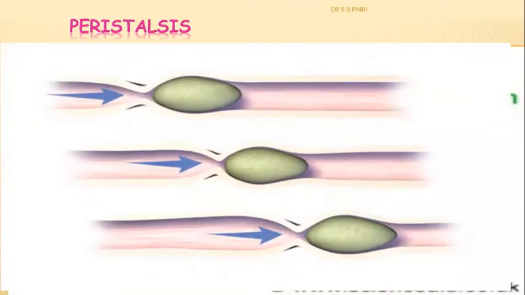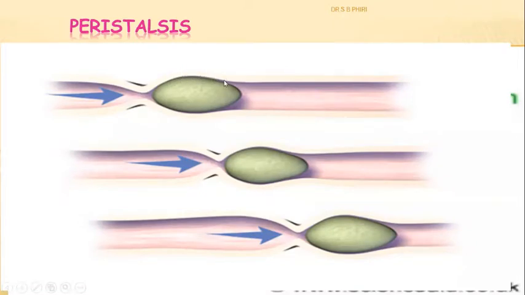So in peristaltic contraction, you can see the movement of the bolus. They are more like propulsive movements that will propel the bolus to move from point A to point B. There is a wave of contraction behind the bolus and a wave of relaxation above and beyond the bolus. These cells will be inhibited from contracting.